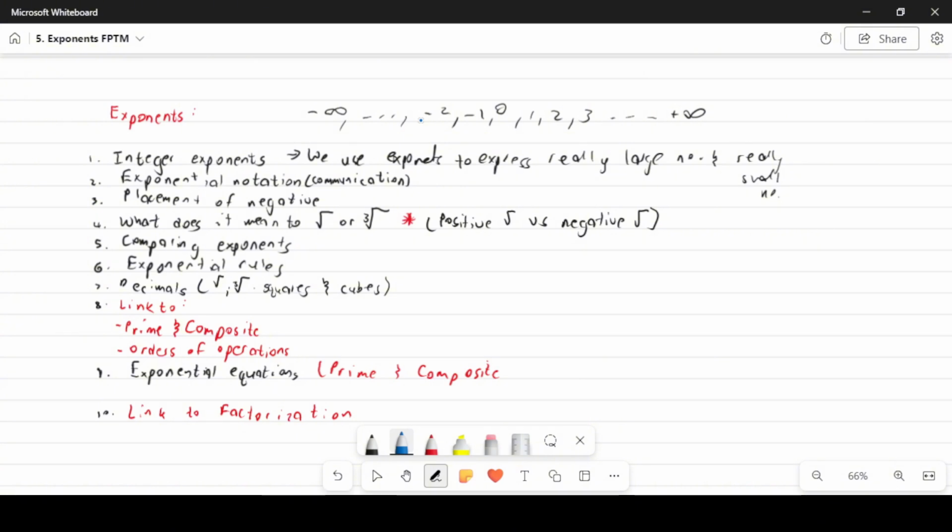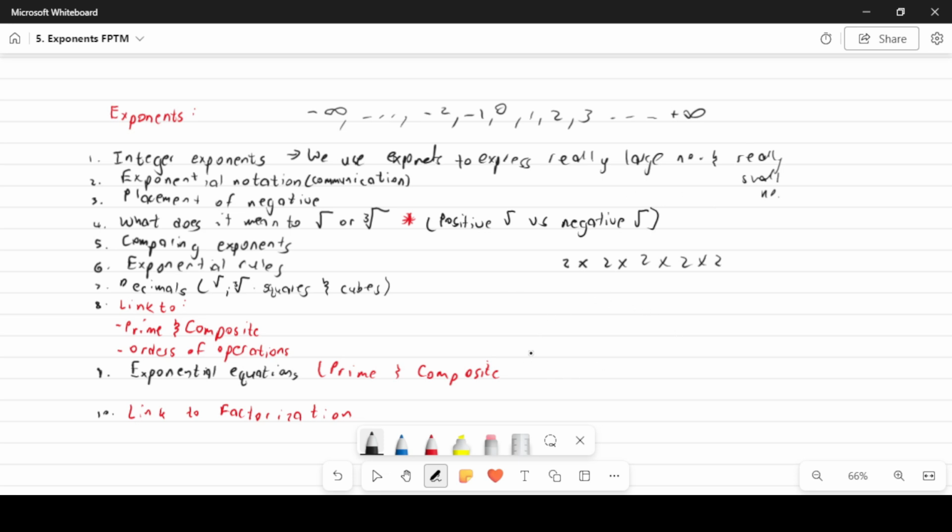Okay? So basically, what's the basic idea of exponents? If we are multiplying the same number numerous times, we will make use of what we call exponential notation. Let's say that you have 2 times 2 times 2 times 2 times 2. So we've got 2, 5 times.